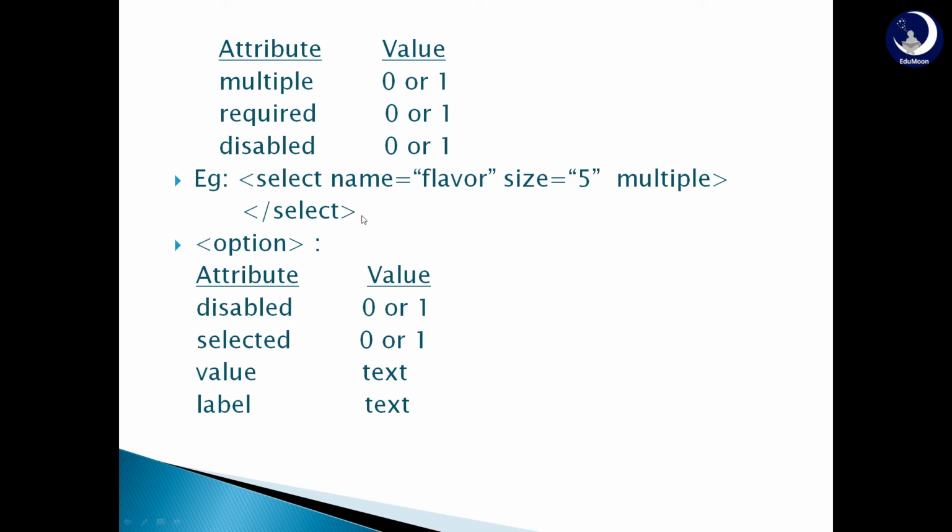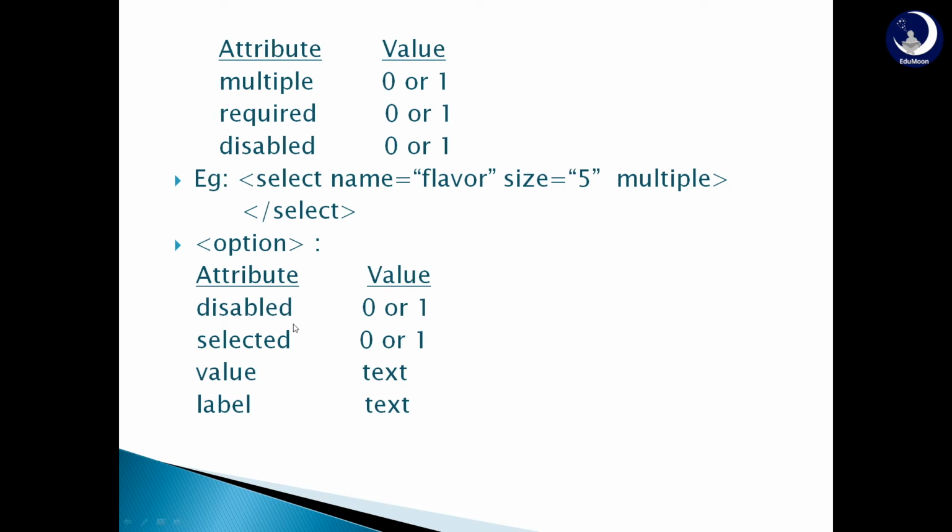With select field, we can only create the drop-down list, but the options among the drop-down list are defined by using option tag. Option tag has attributes: disabled, selected, value, label.